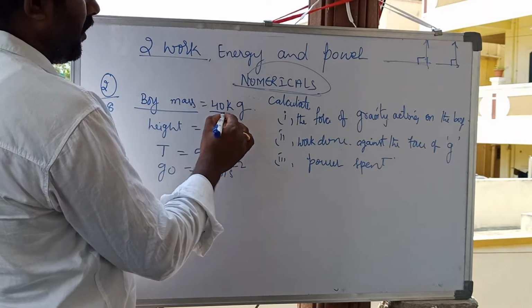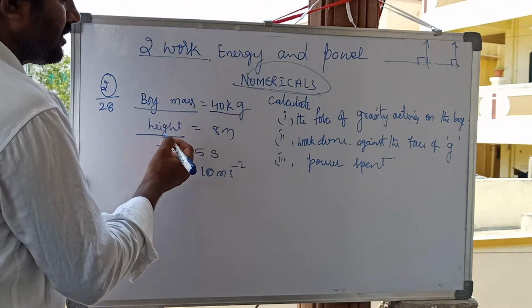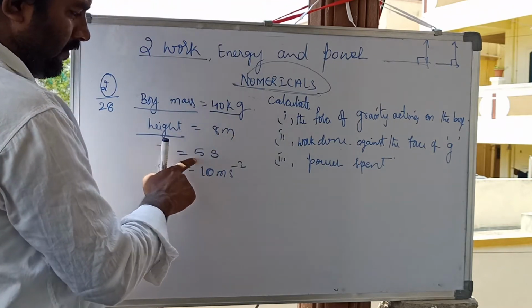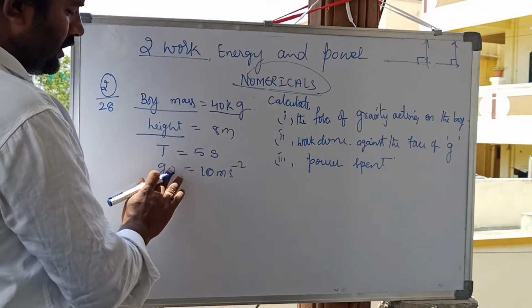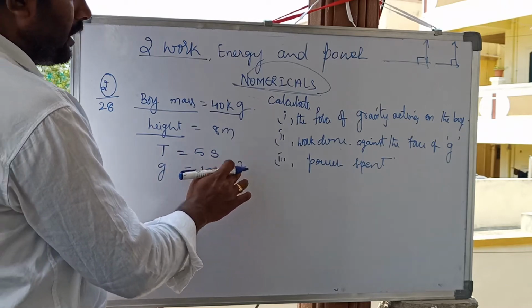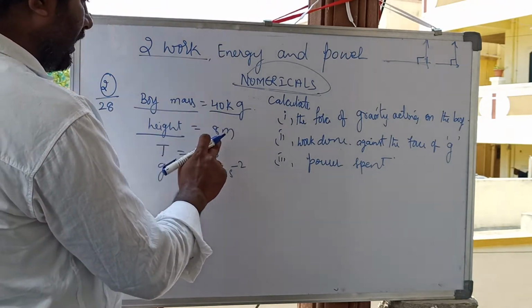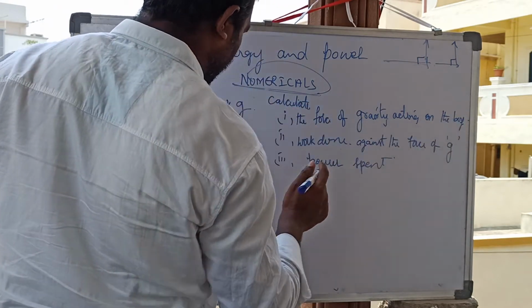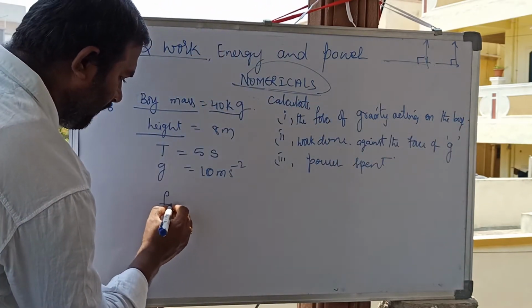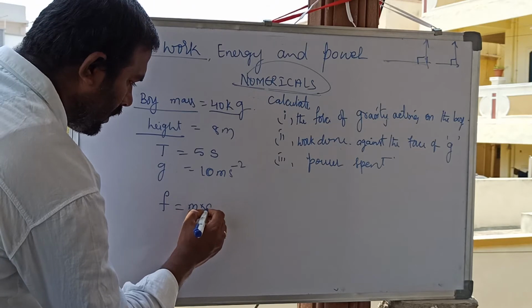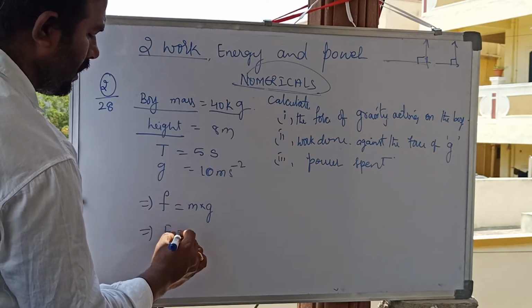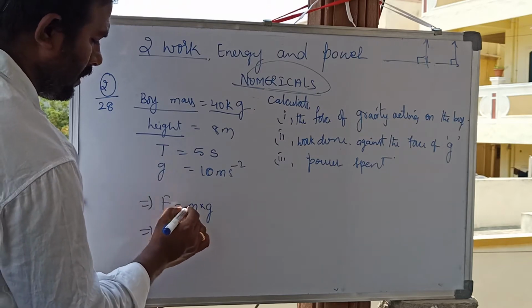This is numerical two, page number 28. A boy of mass 40 kg is climbing stairs of height 8 meters in 5 seconds. Given that g is equal to 10 meters per second square. When he is climbing the stairs, we have to find the force of gravity acting on the boy. From Newton's second law, F is equal to M into A, here F equals M into g.